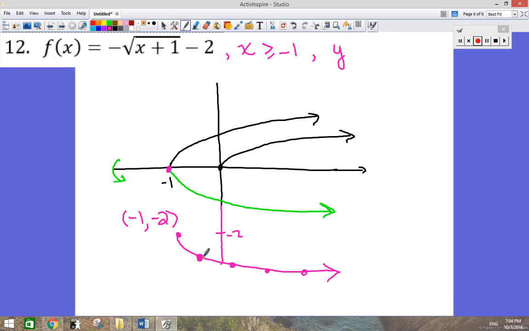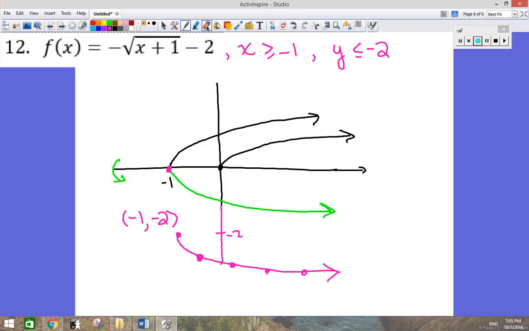So this y coordinate is less than negative 2 because it's below it. This y coordinate, and so forth. They're all less than negative 2. Since this graph passes the horizontal line test, that function is a one-to-one function. And one-to-one functions have inverses that are also one-to-one functions. Alright? So let's find the equation for the inverse, which we know is going to be a one-to-one function.